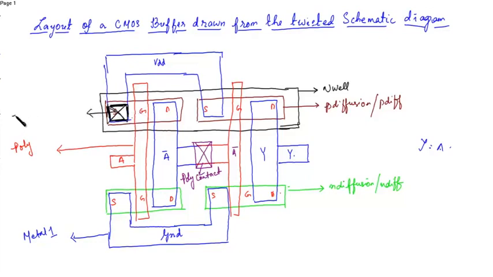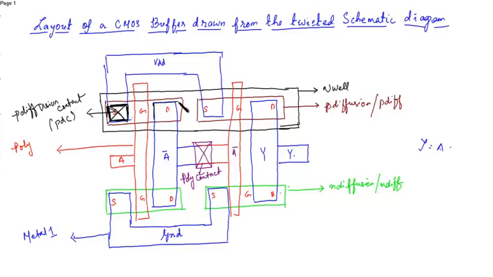So this is a P diffusion contact, or while writing commands in Magic we write PDC. Since there are two PMOS and we have two terminals in each PMOS, in total we have to place 4 P diffusion contacts because there are 4 metal junctions in the P diffusion layer.